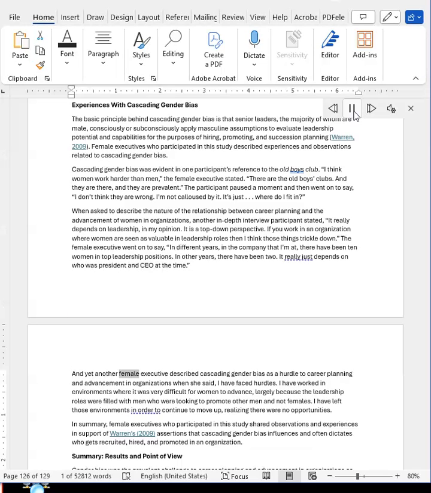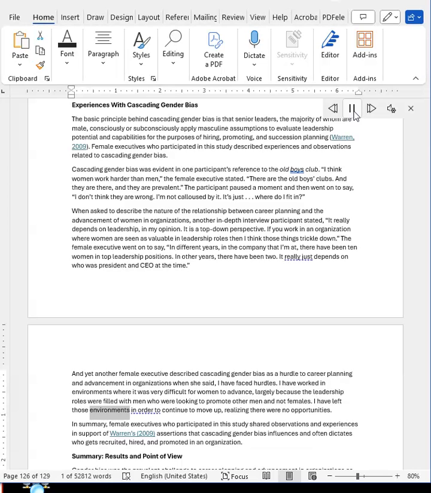And yet another female executive described cascading gender bias as a hurdle to career planning and advancement in organizations when she said, "I have faced hurdles. I have worked in environments where it was very difficult for women to advance, largely because the leadership roles were filled with men who were looking to promote other men and not females.